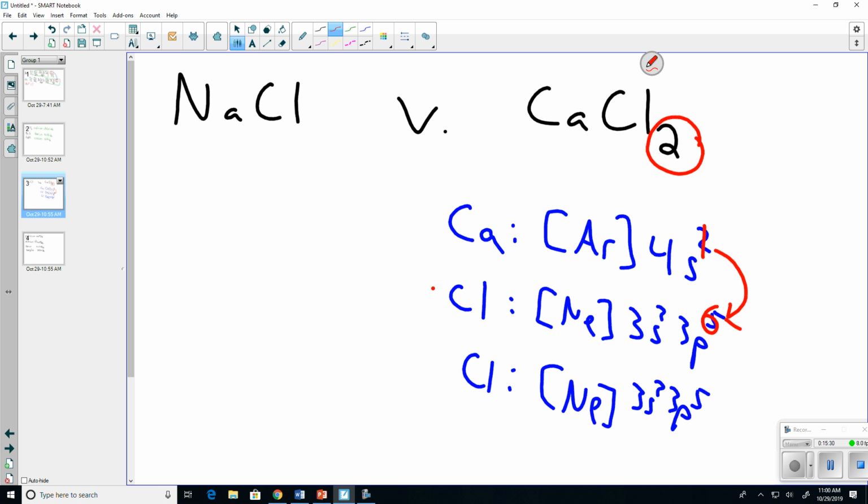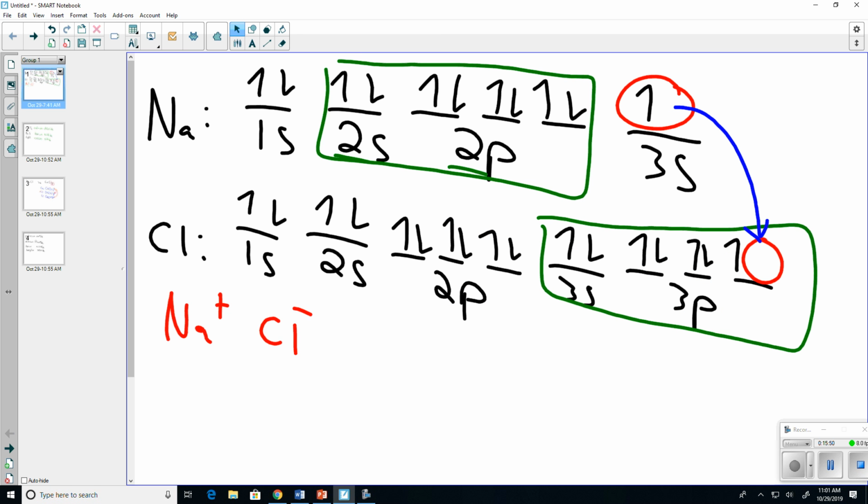So this chlorine, oh, that's stable, good. But this calcium would still need to lose 1 more electron. And that's why there's a second chlorine in that compound. Because now it can lose that second electron here. And once it does, it's now at the octet. Similar to when sodium loses an electron, it's at the octet.